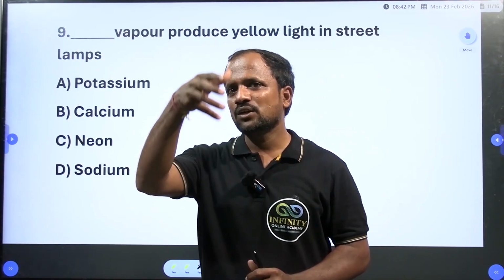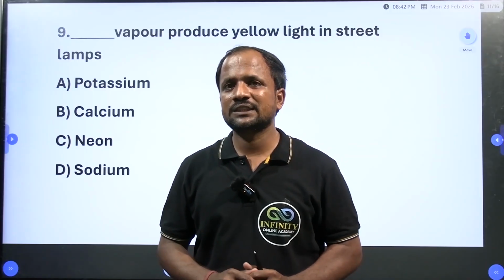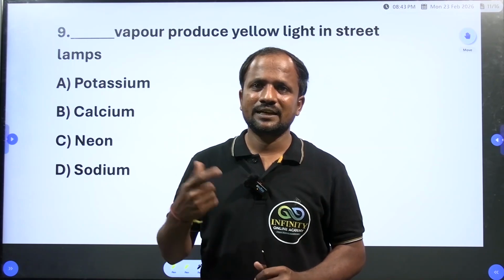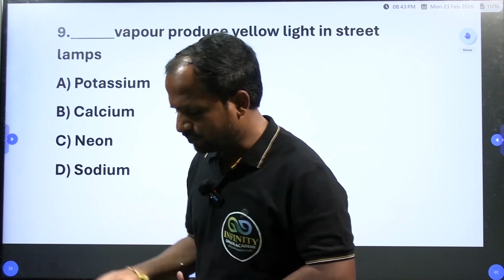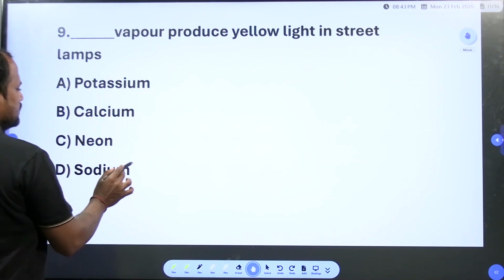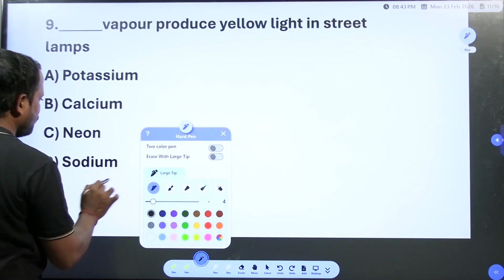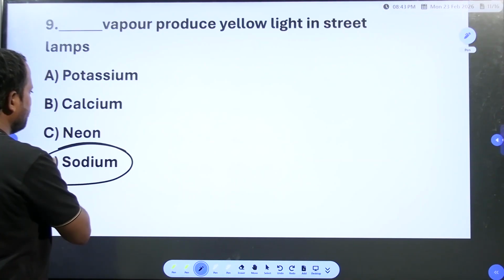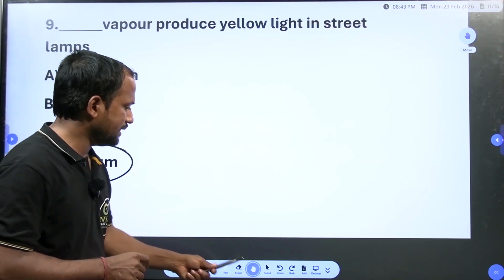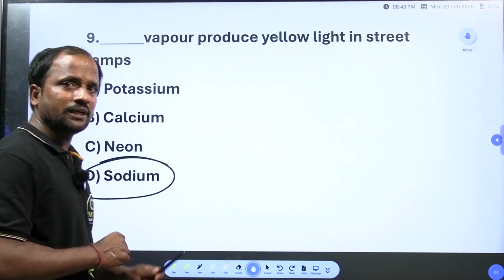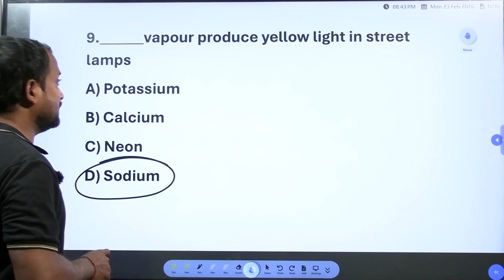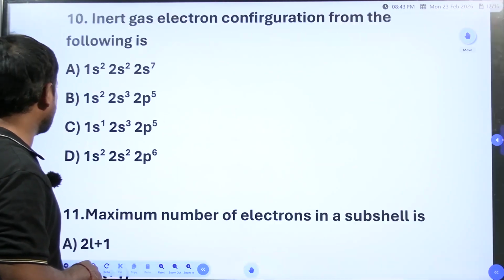Sodium gas is filled into the street lamps. When electricity passes through this gas, it produces yellow light. So what produces the yellow light? Sodium. Okay, clear? So that is about the vapor that produces yellow light in street lamps. Next question.